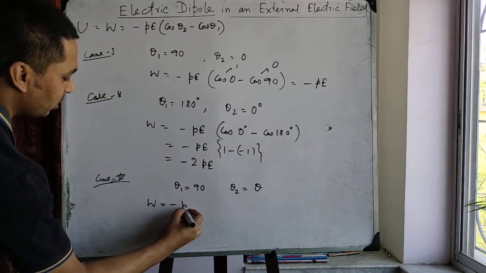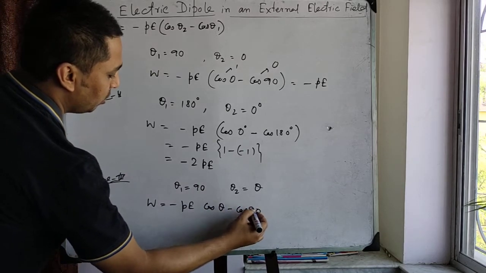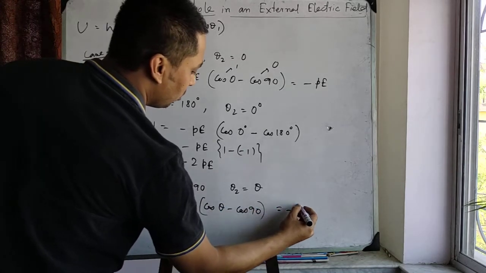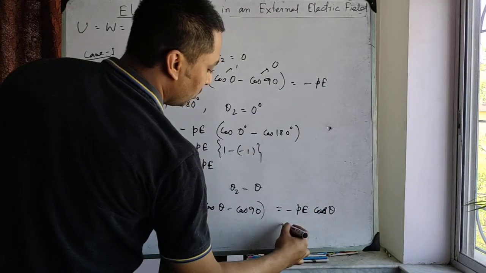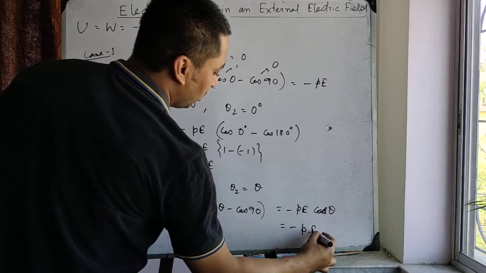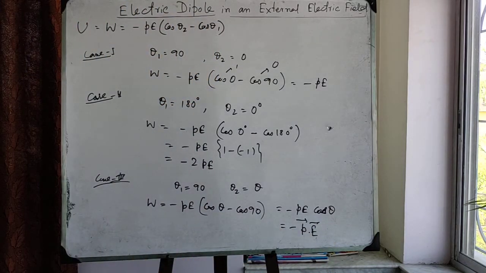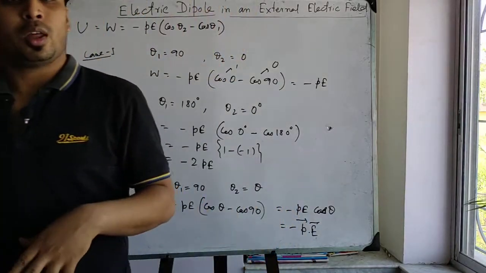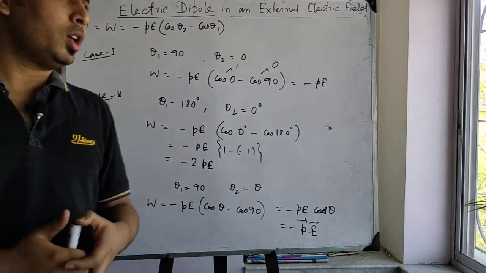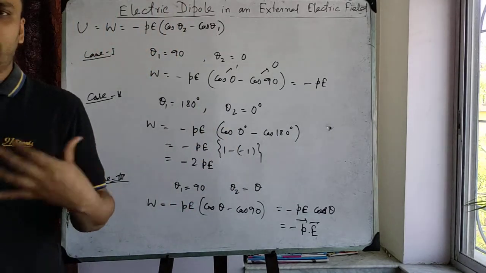W equal to minus PE times cos theta minus cos 90. Cos 90 equal to 0, so this is equal to minus PE cos theta, that is equal to minus P dot E. So this is the work done, the amount of potential energy stored in the dipole when it is placed in an external electric field. So that's all about the electric dipole.